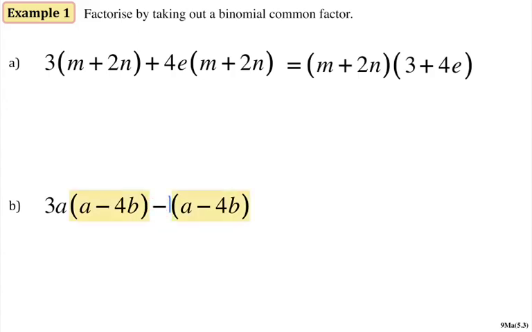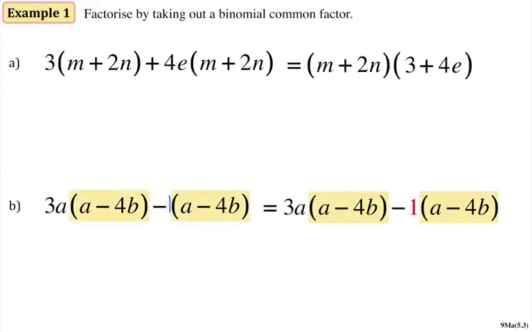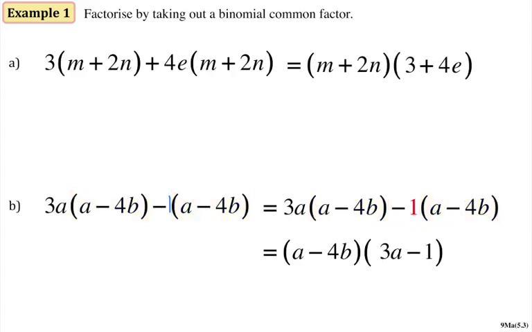So the common bracket is a take 4b. I've just rewritten the question with the 1 out the front here so we can see it. So I write the common bracket down in a set of brackets. What goes in the remaining part, this bit here? 3a minus 1. And there's your answer.